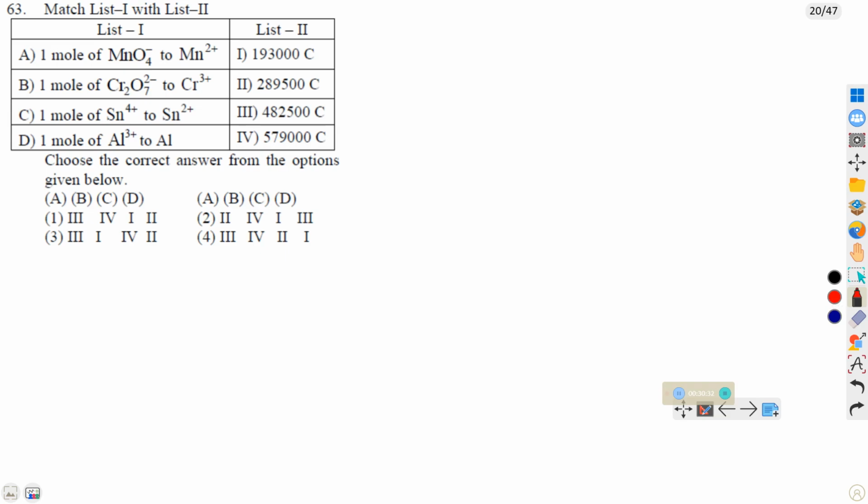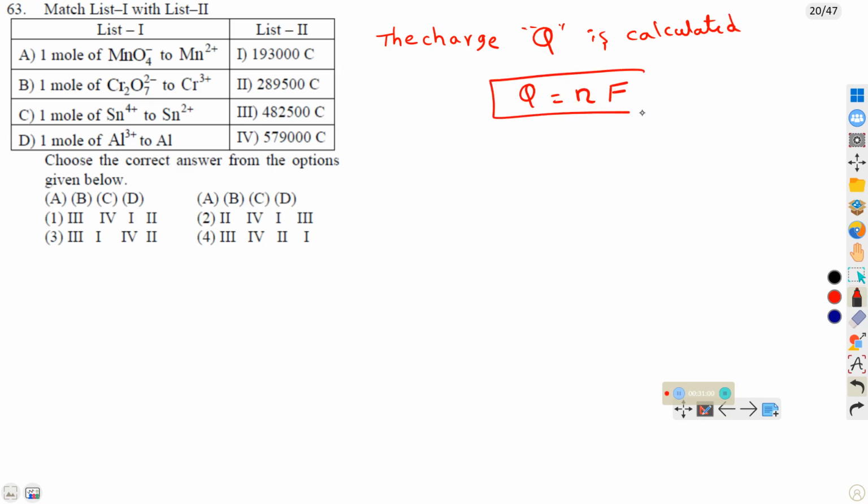Match the following. Charge is given. Numbers are also given. Number of moles. Now the charge Q is calculated by using the formula Q is equal to n into F. First calculate the n factor.